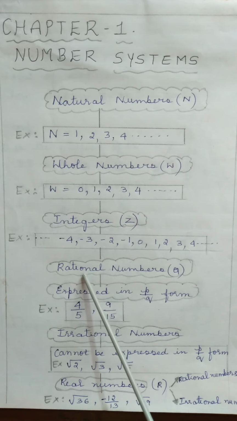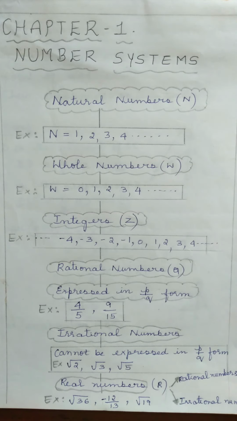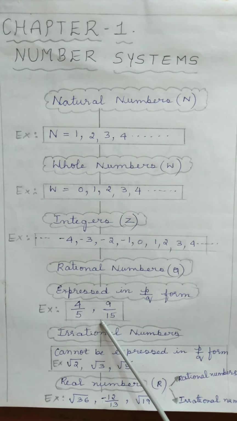Next is the rational numbers. A number r is called a rational number if it can be written in the form p by q, where p and q are integers and q is not equal to 0. Now consider these examples: 4 by 5, 9 by 15.